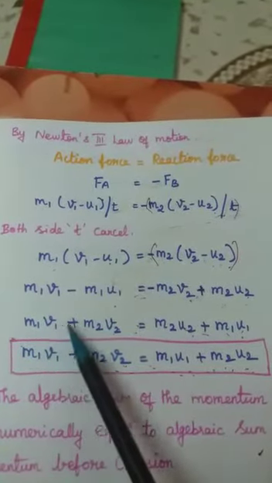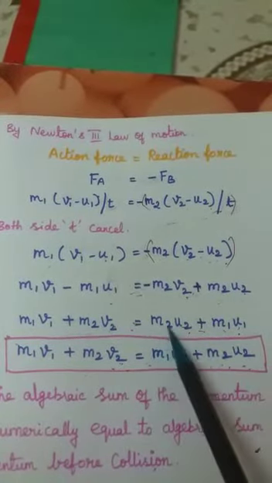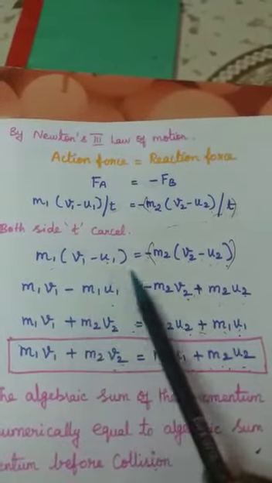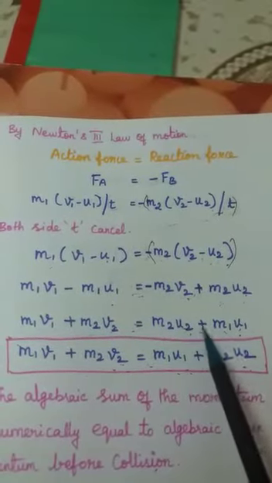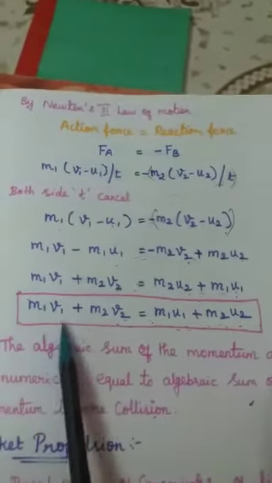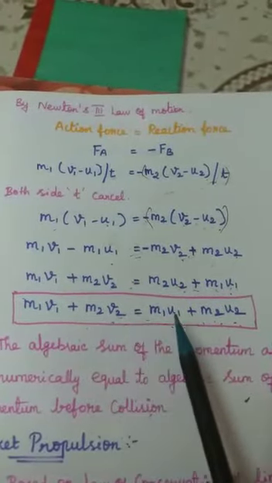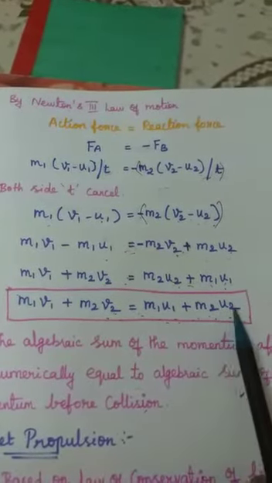So m1 v1 plus m2 v2 is equal to m1 u1 plus m2 u2.